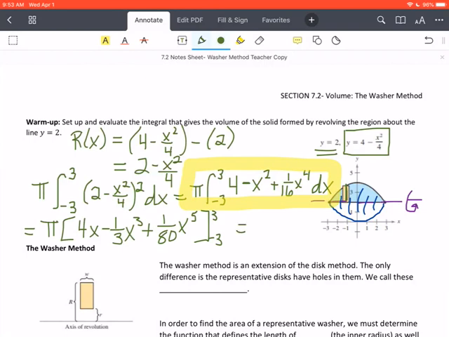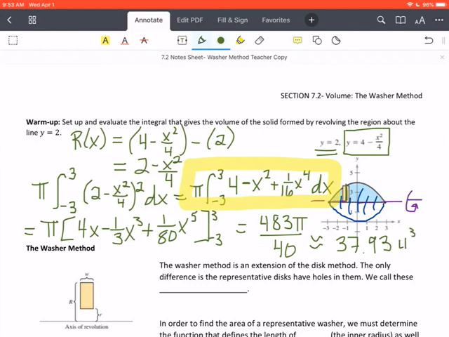So when you do this, either by hand or by your calculator, ignore the pi until the very end, so do not put pi into your y equals, and you are going to have 483 pi over 40. So 483 over 40 is what your calculator would give you looking at the integral portion of the problem. So that's approximately 37.93 units cubed. So this is the volume.